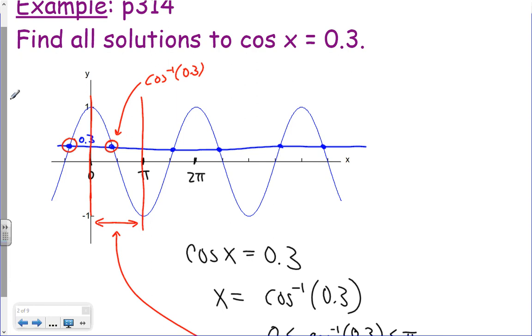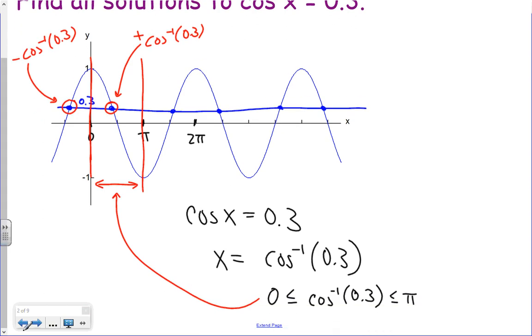The opposite of cosine inverse of 0.3 should be this solution right here. In fact, if I think of this as being a positive cosine inverse and the other one on the left being negative cosine inverse, I guess that's one way I could rewrite this. This is really plus or minus the cosine inverse here.